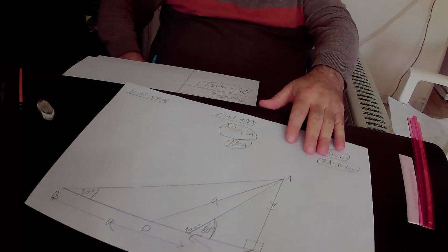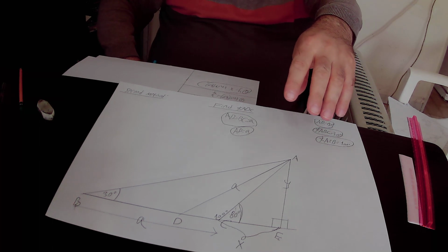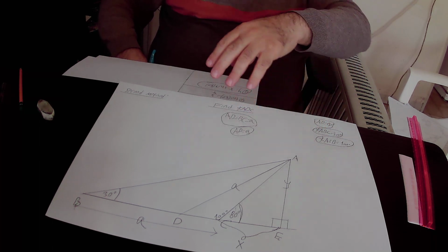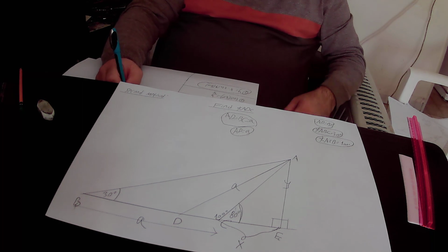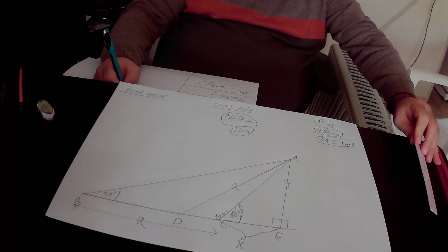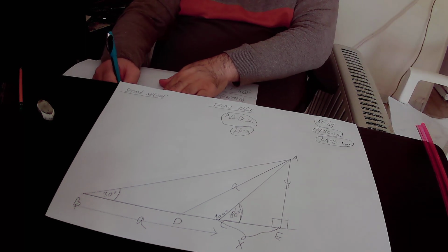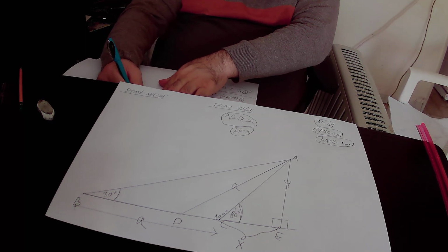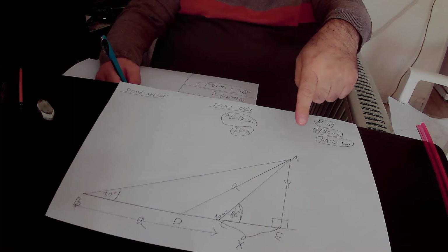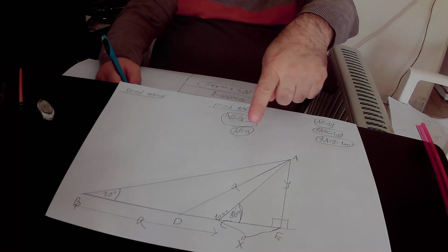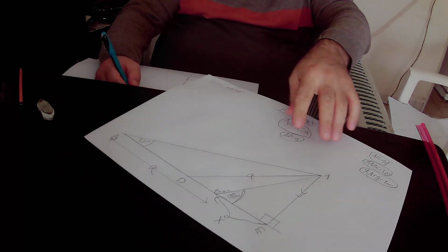In the next step, we will focus on the right triangle, triangle ADE. We will define the angle that we are looking for. Angle ADE is angle theta.